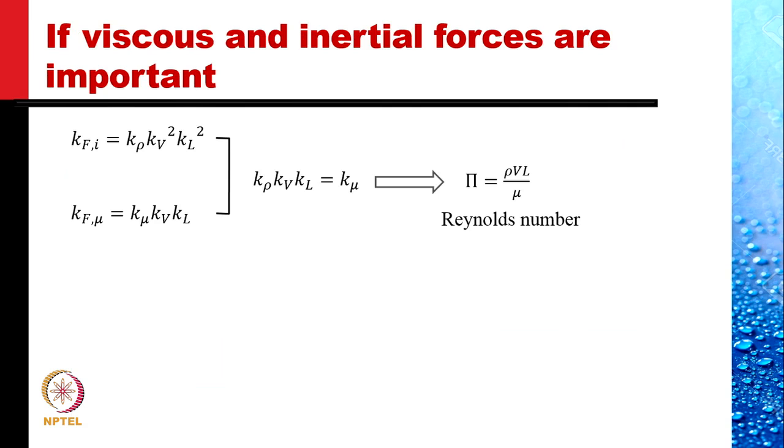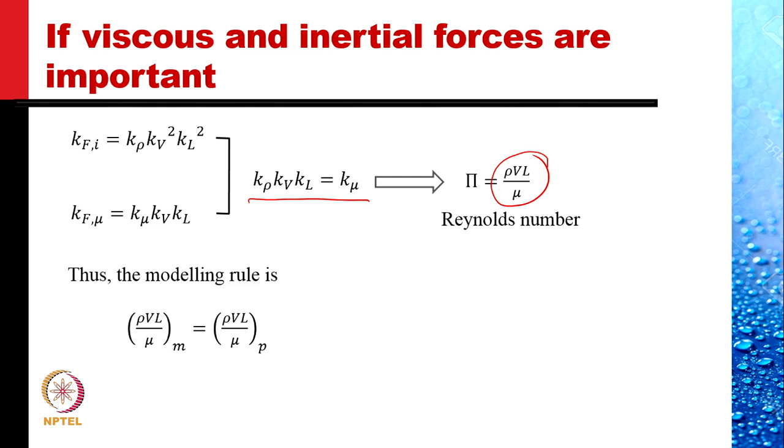The two scale factors Kfi and Kf mu should be exactly the same, and from this we get K rho, Kv, Kl should be K mu, or as we have done this before, we obtain rho Vl by mu as the pi number. For similitude then, we need to match the Reynolds number.